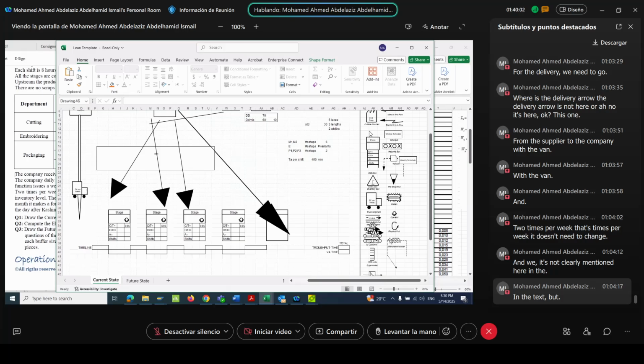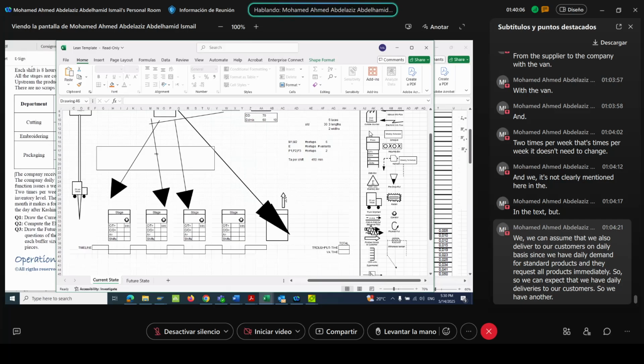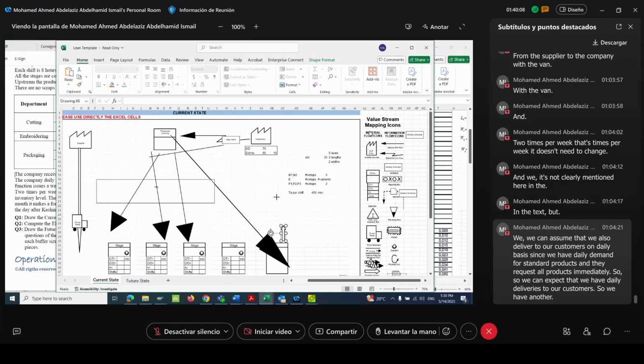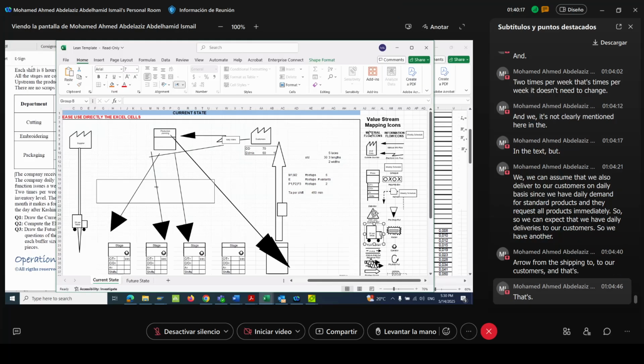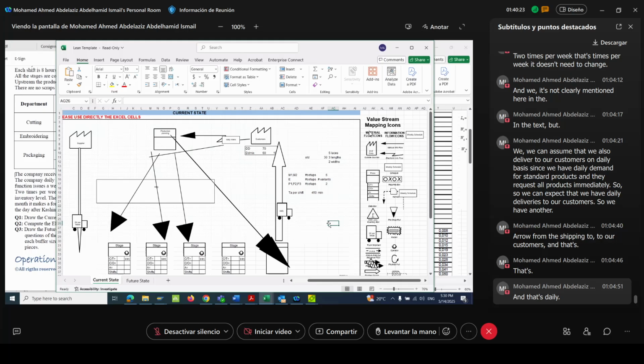So we have another arrow from the shipping to our customers, and that's daily. Okay, so far so clear.